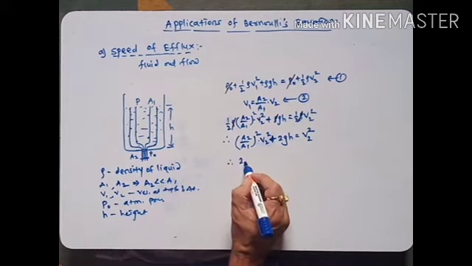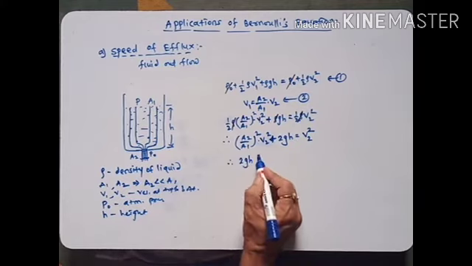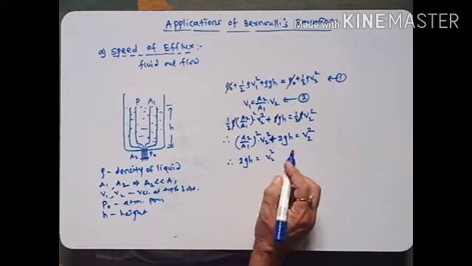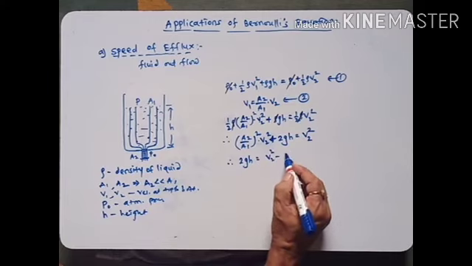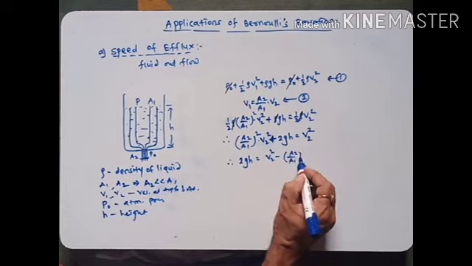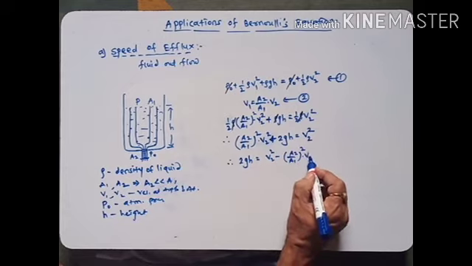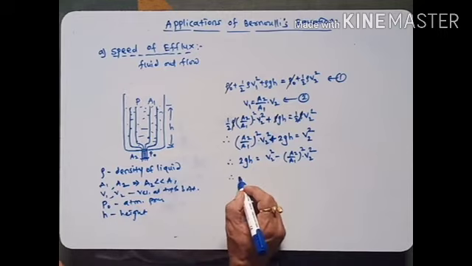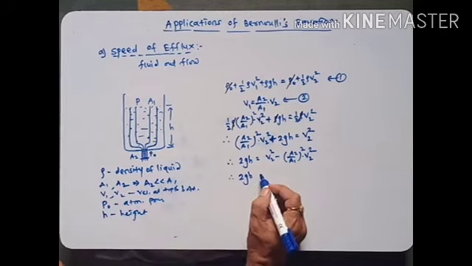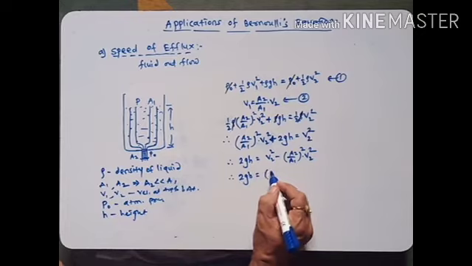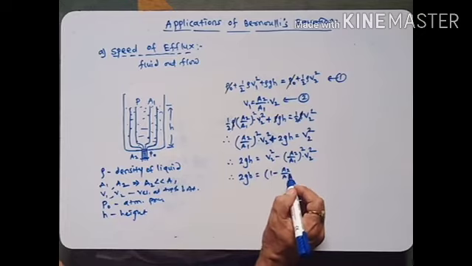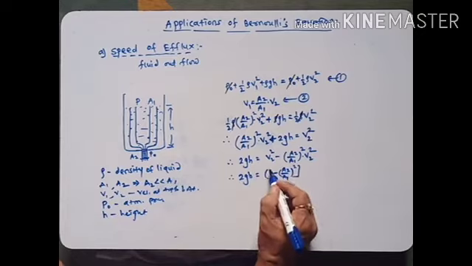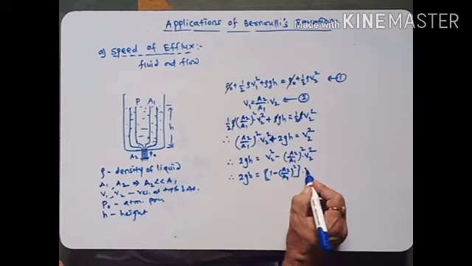Therefore, 2GH is equal to V2 square minus (A2 upon A1) square into V2 square, so 2GH is equal to 1 minus (A2 upon A1) square, into V2 square.